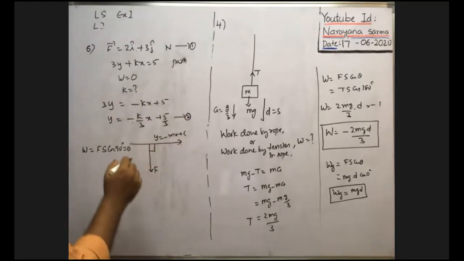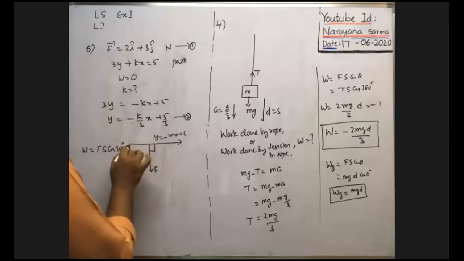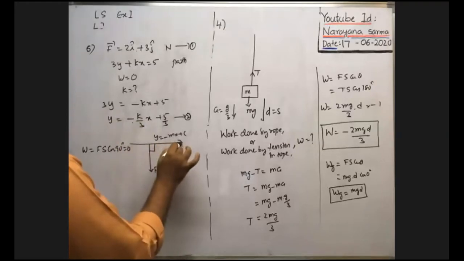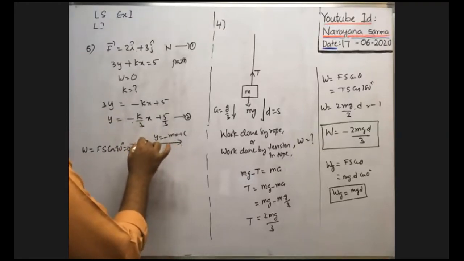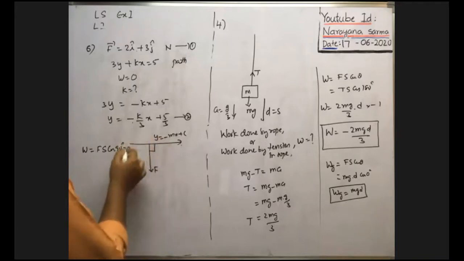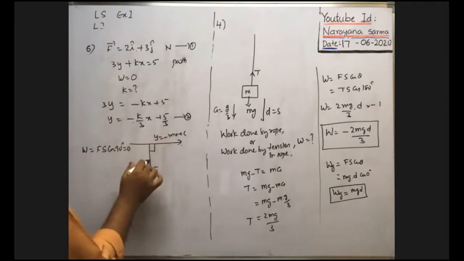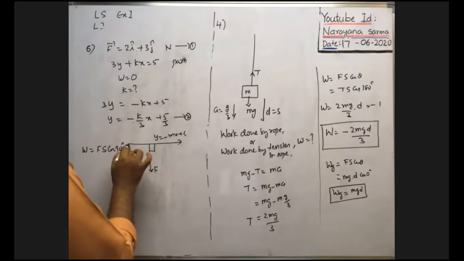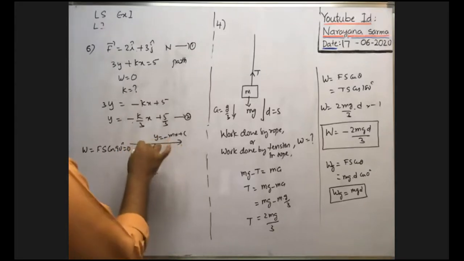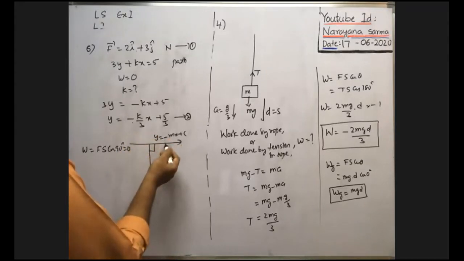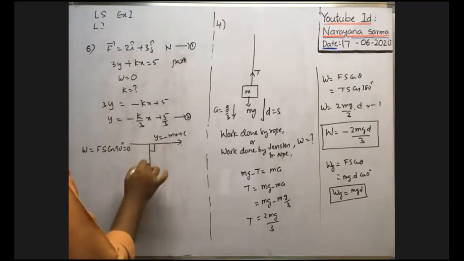So here, as the path along which the particle travels is the direction of the displacement and force is applied perpendicular, then only work done is equal to 0. That's why both are perpendicular. Here the path along which the particle travels is given, and the direction along which force is applied is given. We can find the slope of the straight line path and the slope of the force also.